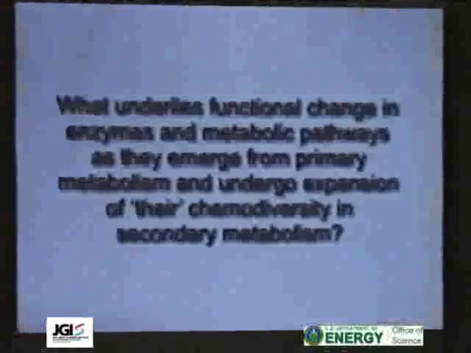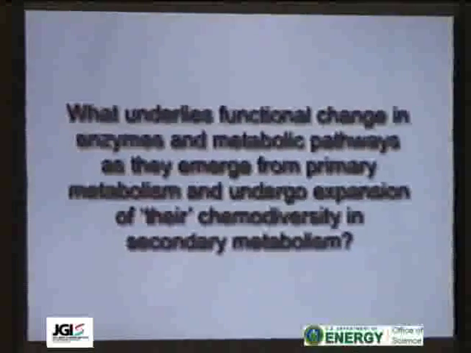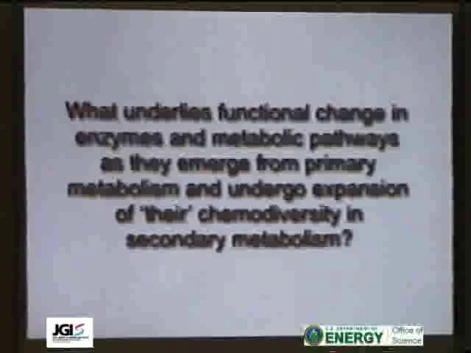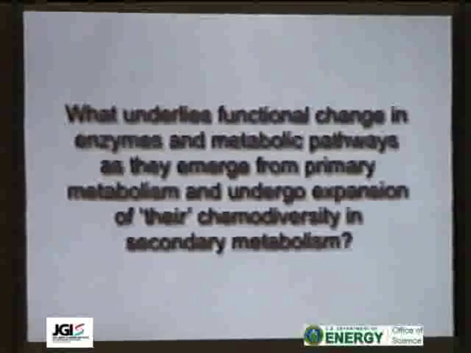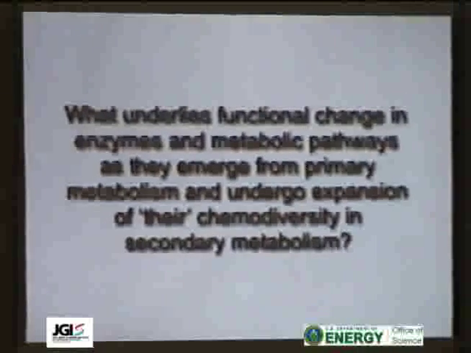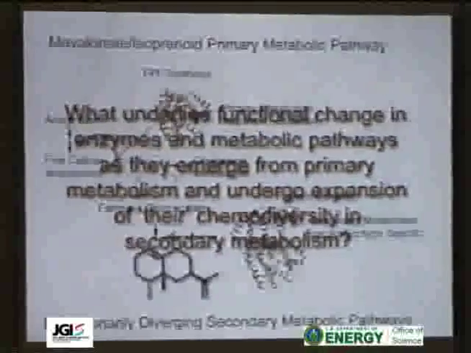But we're interested in how these systems emerge out of primary metabolism. These are metabolic pathways that are highly constrained in an evolutionary setting, and then undergo a tremendous amount of expansion within a number of different organisms, and in particular plants. And what are the underlying principles that drive and guide that kind of evolutionary change?